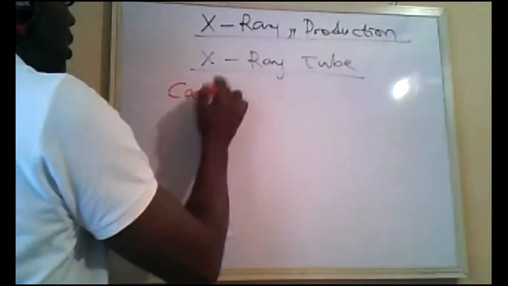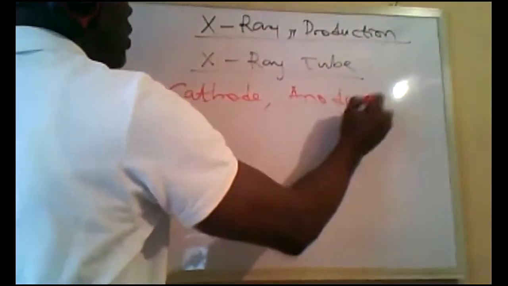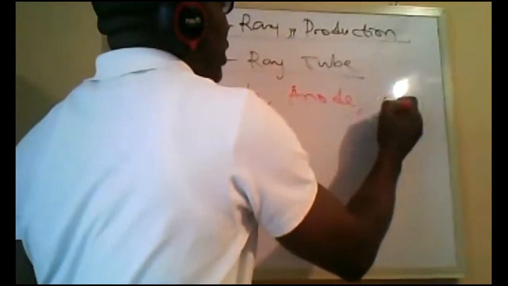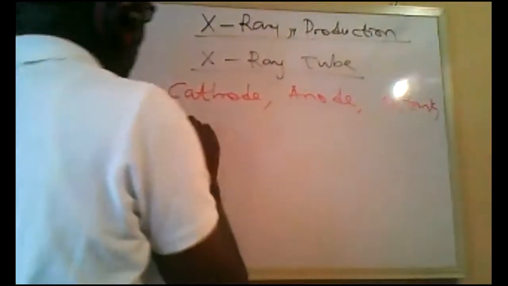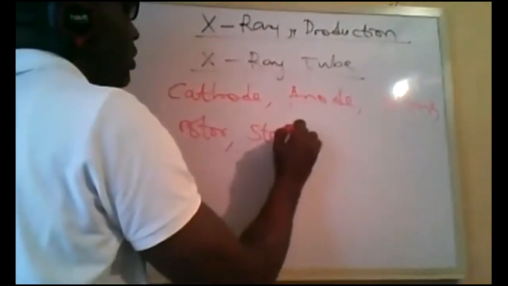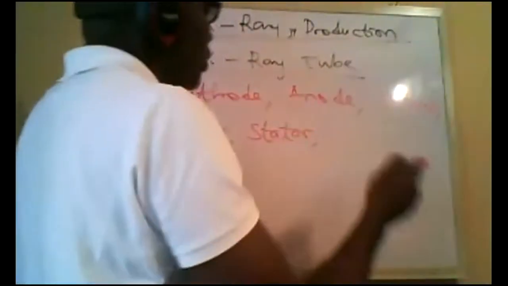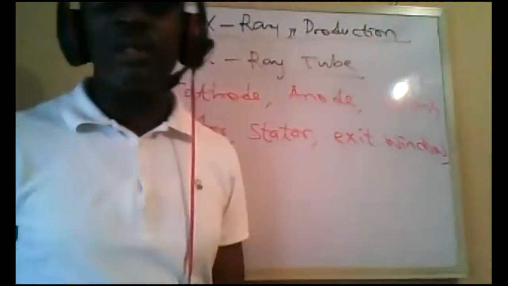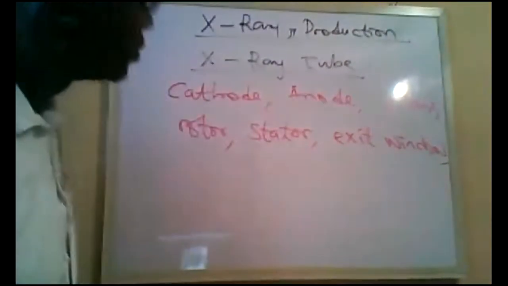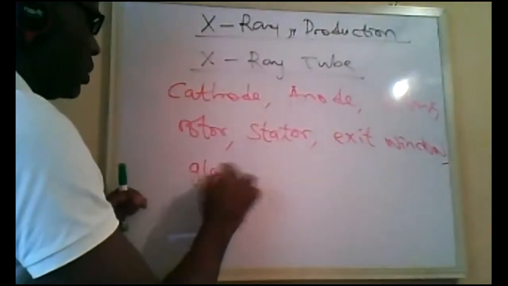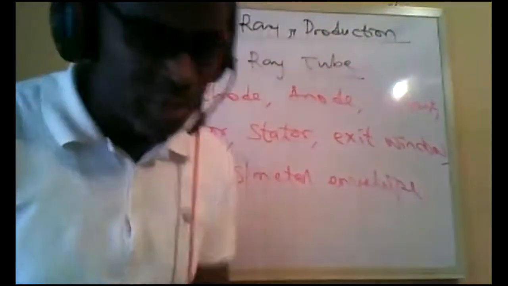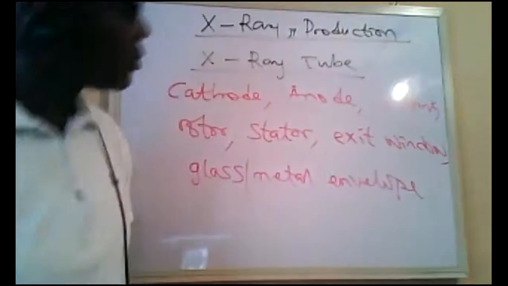Of course, major components are the cathode, the anode, the oil tank, the rotor, the starter, the exit window, the glass or metal envelope, and let me quickly show the tube housing.